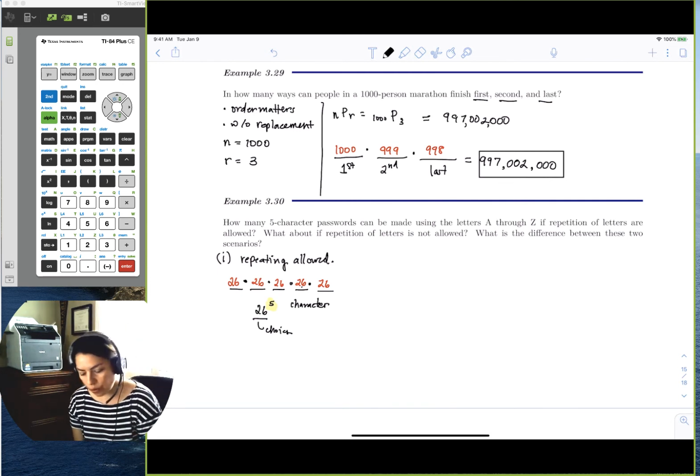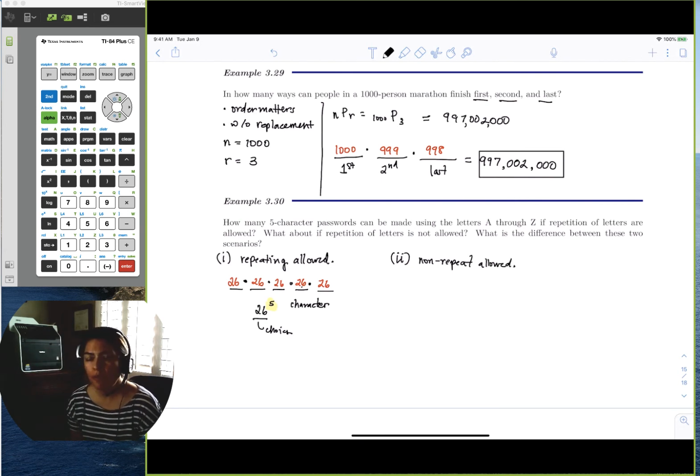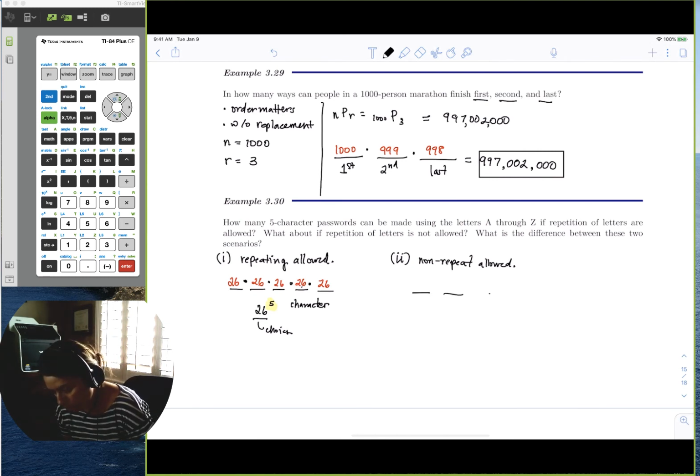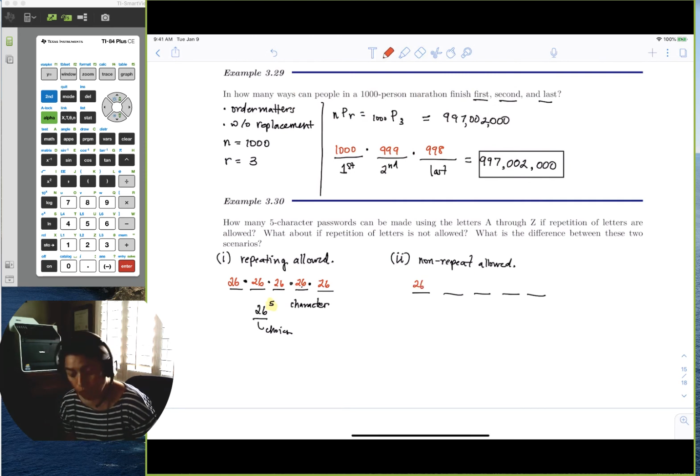Okay, now let's go to non-repeating. So you can't repeat the letters. So now we could say, well, if we cannot repeat the letters, that means we have 1, 2, 3, 4, 5 characters and 26 choices on the first, but I can't reuse that letter, so I need to have 25, 24, 23, and 22.